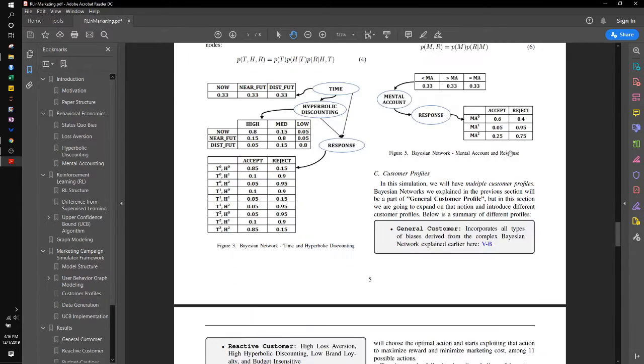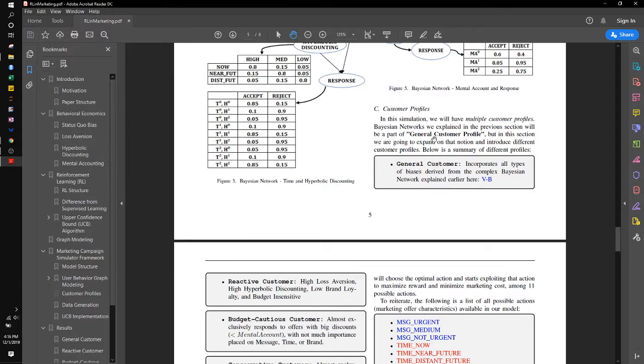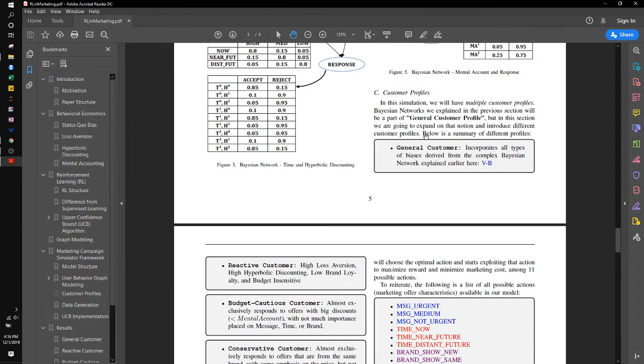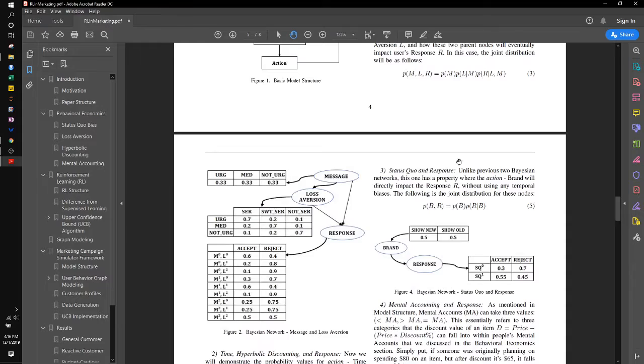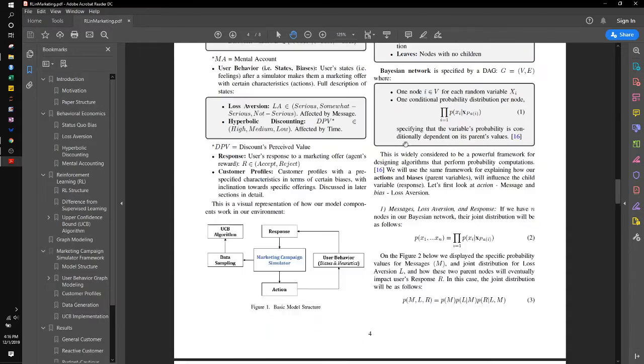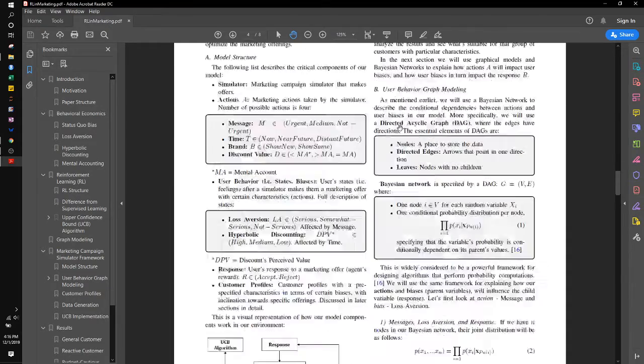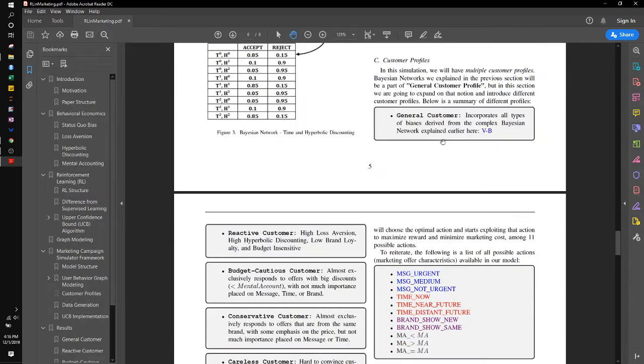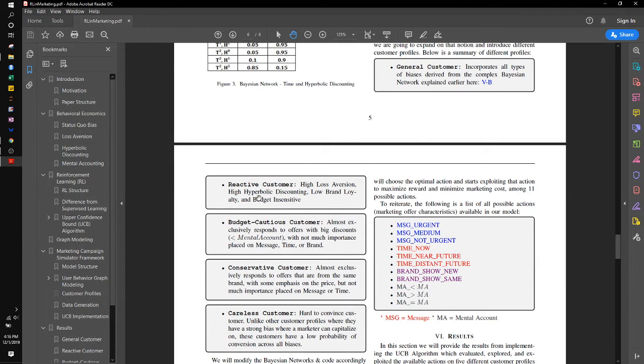We have coded all of these here, but in addition, we developed customer profiles. The Bayesian network that we described in section number 5, I believe, is part of what we call the general customer that incorporates a little bias from everything. And then there's the reactive customer. They have high loss aversion and high hyperbolic discounting.